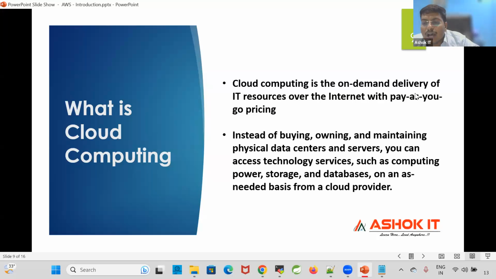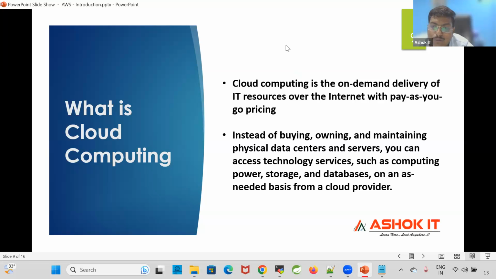Cloud computing is the on-demand delivery of IT resources over the internet based on pay-as-you-go pricing. Instead of buying, owning, and maintaining physical data centers and servers, you can access the services on demand basis from the cloud provider.